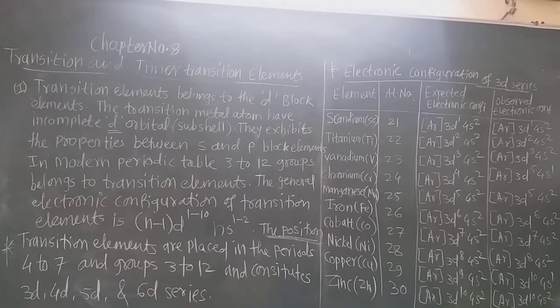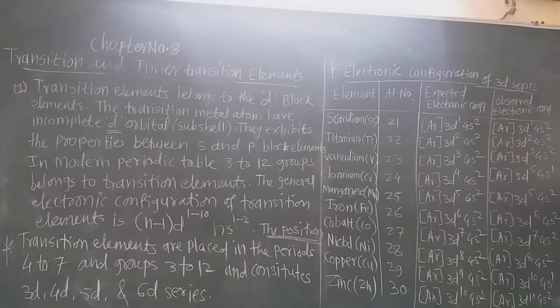But this is the electronic configuration of D block elements, and the transition elements have the configuration only up to n-1 d 1 to 9. Here that is not clearly given, but that is the difference. Now remember that.